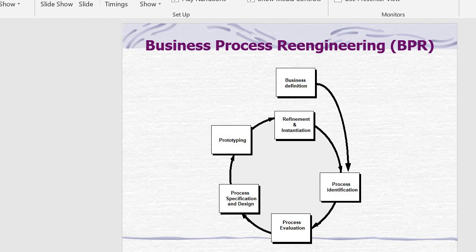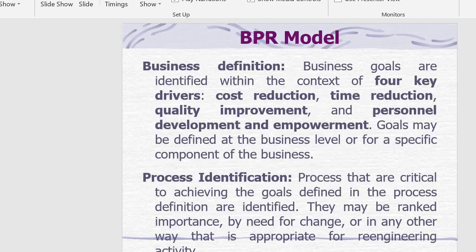Then we go for the process identification, and once the process is identified, we have to look at the process evaluation. After that, we look at the process specification and design. After this specification and design, there is a need of developing a prototype. And once the prototype is developed, then refinement and instantiation of the process will start, and this goes on.